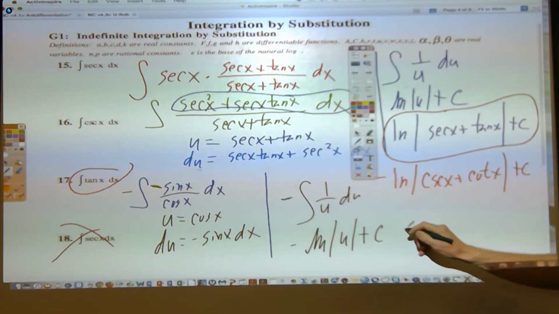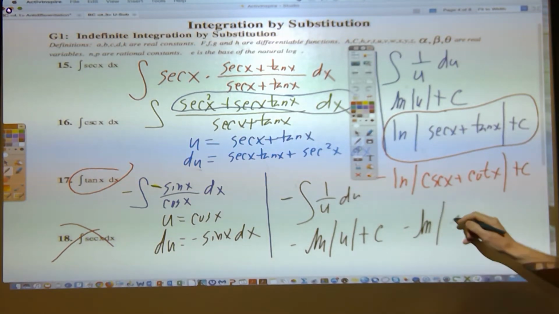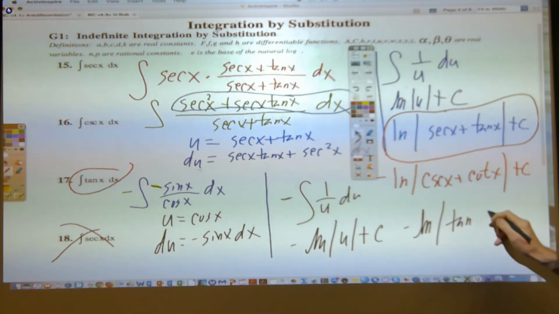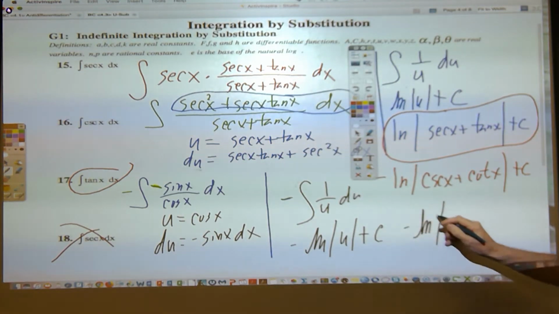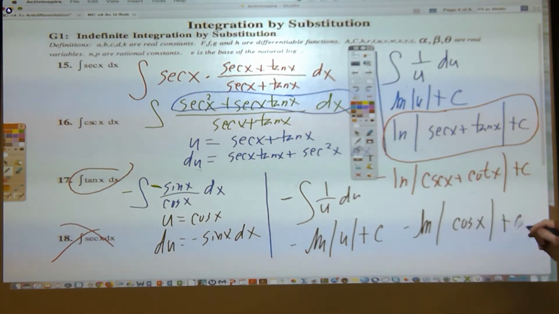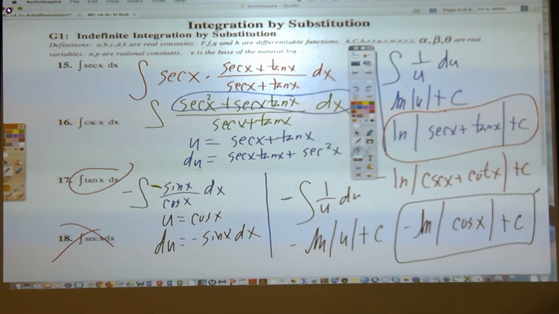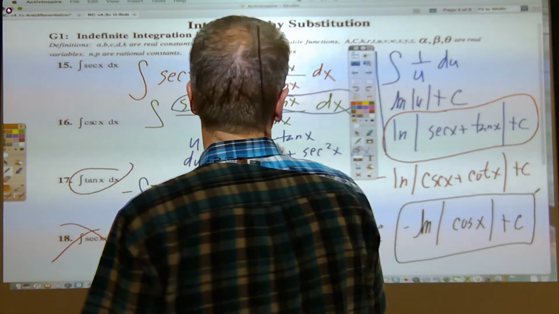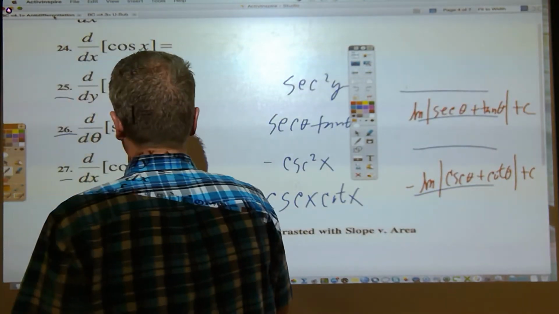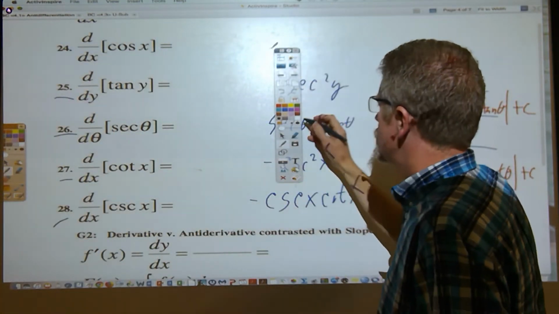That's another one that was to be derived. It's negative natural log of the absolute value of cosine x plus c. Let's take that to the other handout, and instead of to be derived, it is now known. So on the other handout, we put the final answer for tangent.